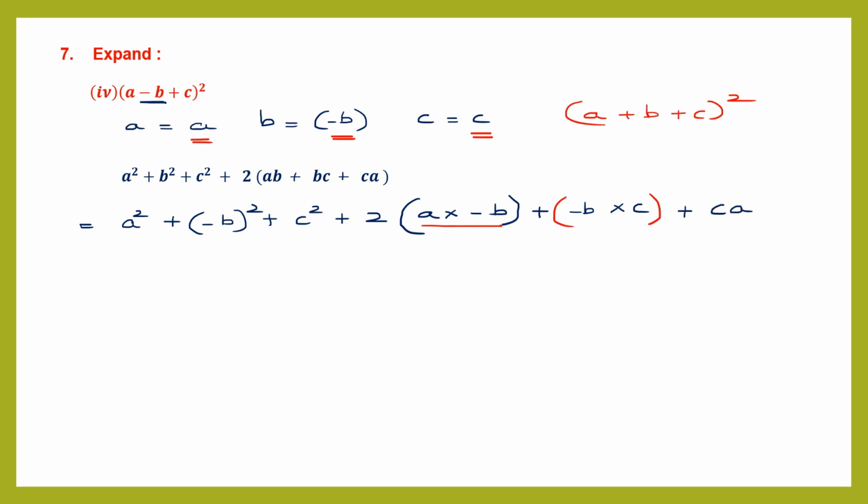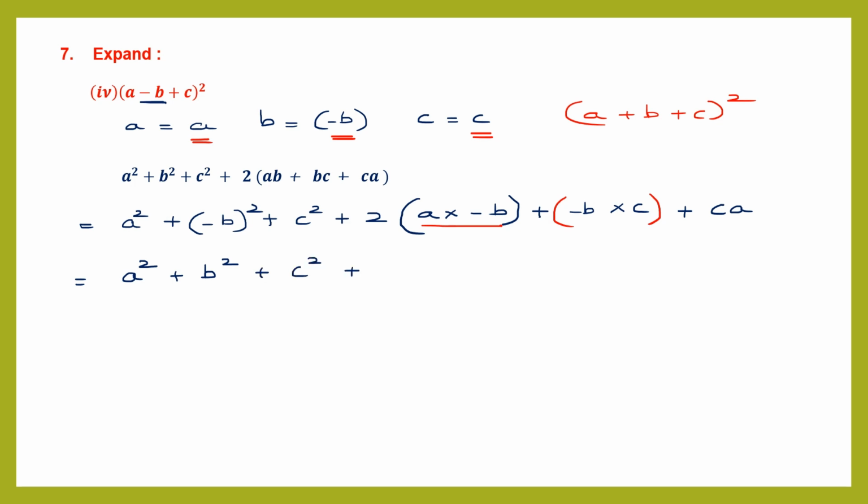So now let's remove the brackets wherever we can. So this is a square. Now here we have minus b square. Minus into minus is positive. The square of every number is a positive integer. So this is plus b square, b into b is b square. Minus into minus is plus. Then we have c square.